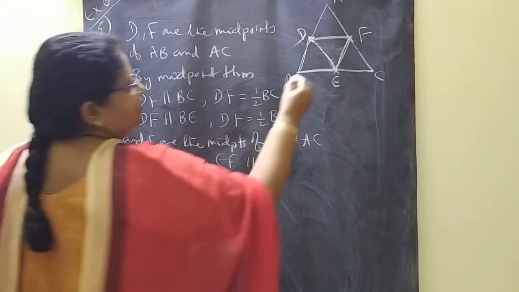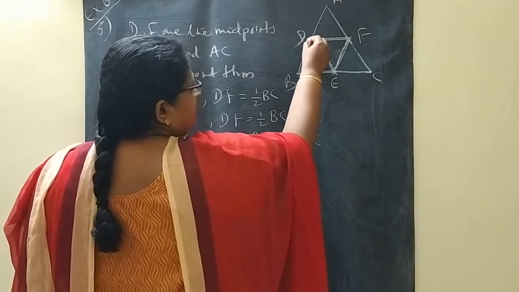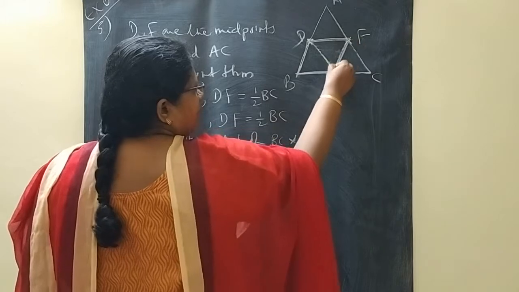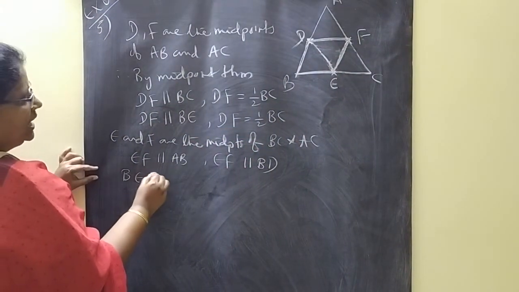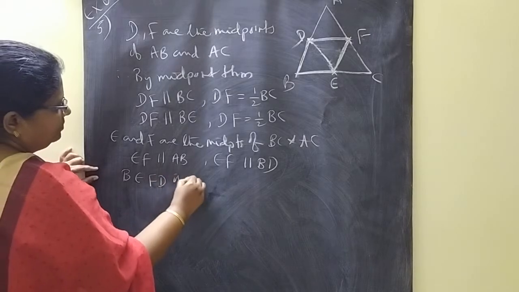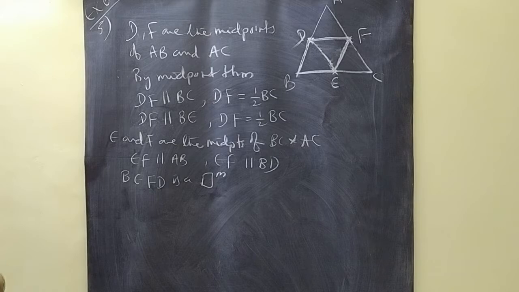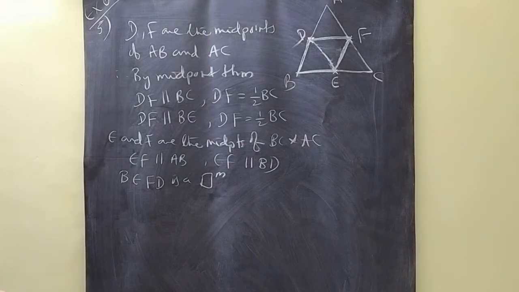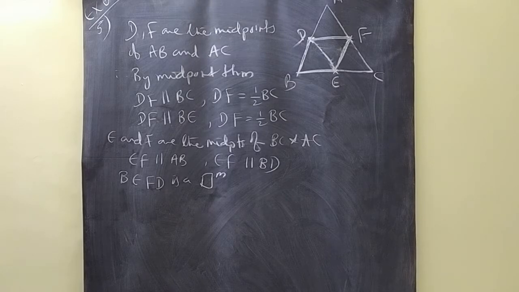So what we got, you see? First of all, BE is parallel to DF. Now we got BD is parallel to EF. So we can tell BEFD is a parallelogram. Why is it a parallelogram? Two pairs of opposite sides are parallel.